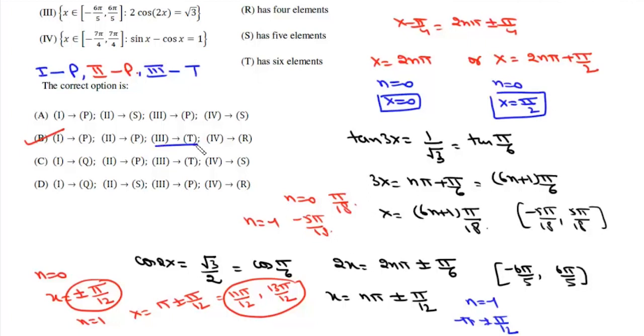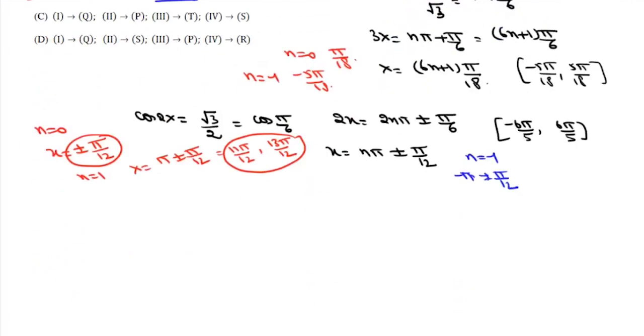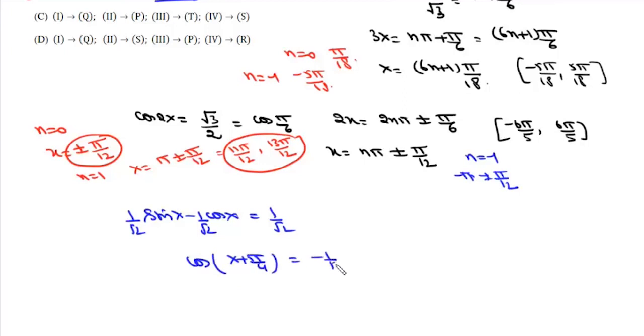And finally we have sin x minus cos x equals 1. Now again we'll multiply and divide everything with 1 by root 2. Now here this is cos(x plus pi by 4), and this is equal to minus 1 by root 2, which is cos 3 pi by 4.